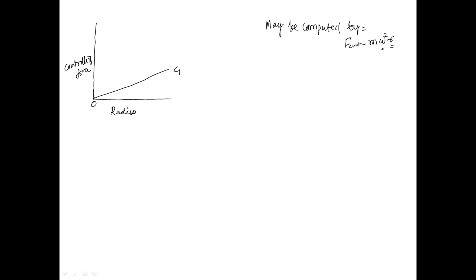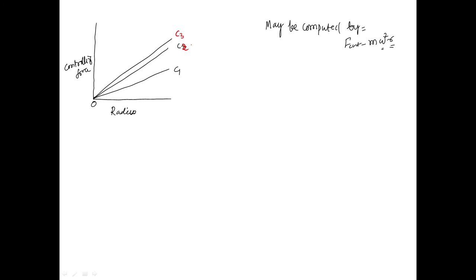Let us take this as OC1 for one radius. Similarly, OC2 for another radius, or you can go for a speed. Sorry, this has to be 2. Now this is 3, and this is 2.